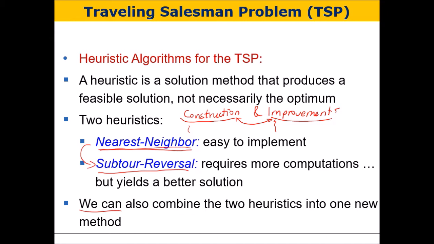So what you need to know about heuristic algorithms is this. They do not guarantee optimality. They are quick and easy methods. And when we talk about heuristics, always remember that we are talking about computer algorithms. These methods are implemented in computers using programming languages like Java or C++.